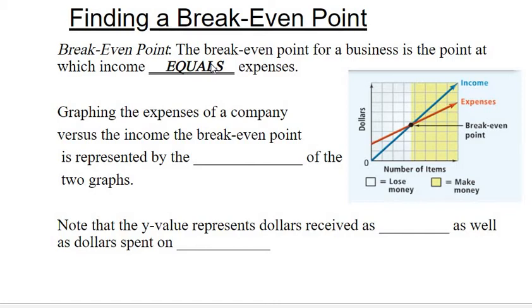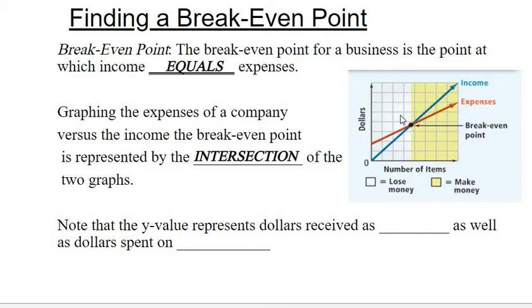Now, graphing the expenses of a company versus the income, the break-even point is represented by the intersection of the two graphs, as you can see here. Look at the two areas, the yellow area and the white area. Starting from the break-even point, you will start making money.